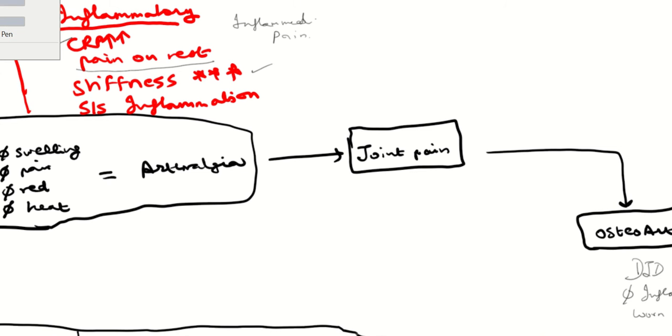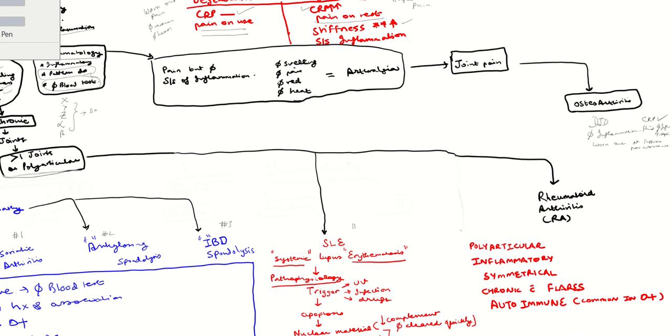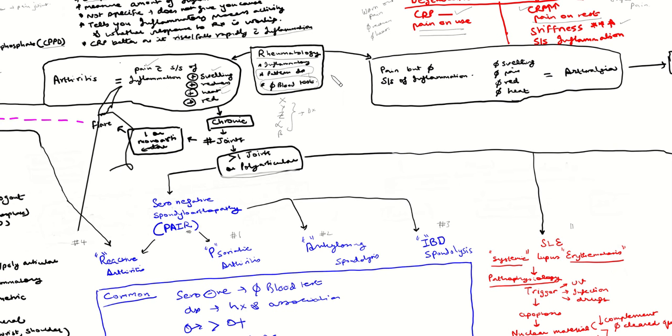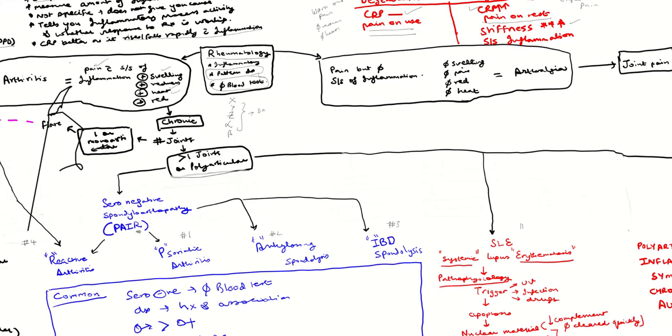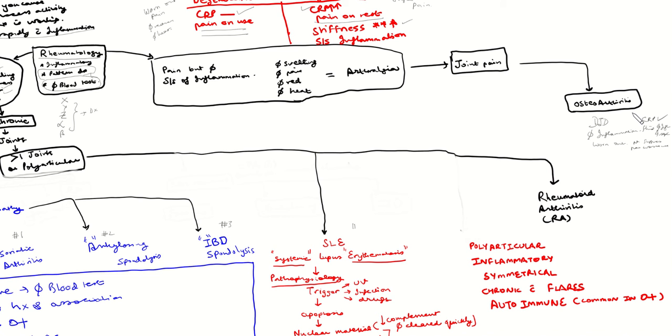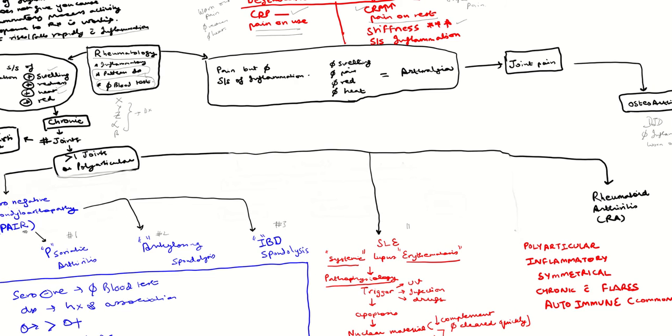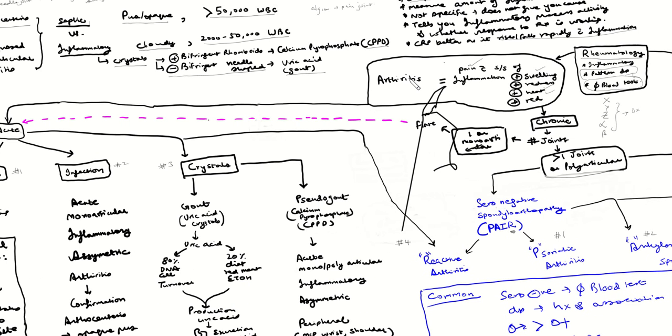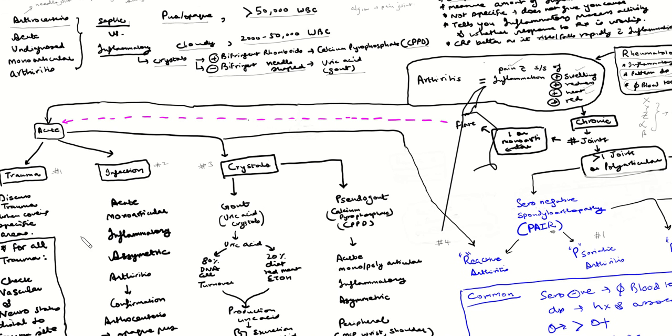Again, the way we divide it, and this might help a little bit better, is we say, okay, rheumatology. If there's pain but no signs and symptoms of inflammation, then we have osteoarthritis or degenerative joint disease. And I don't like that name, and I shared with you why. But if it's arthritis, I ask, is it acute or chronic? If it's acute and monoarticular, we're going to look at trauma, infection, crystal, or reactive arthritis.